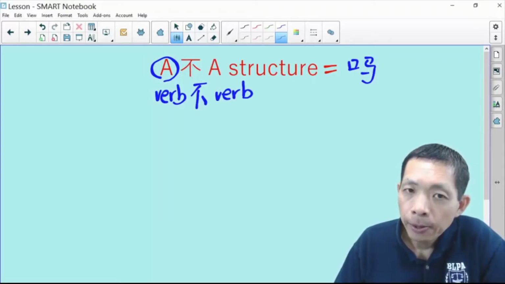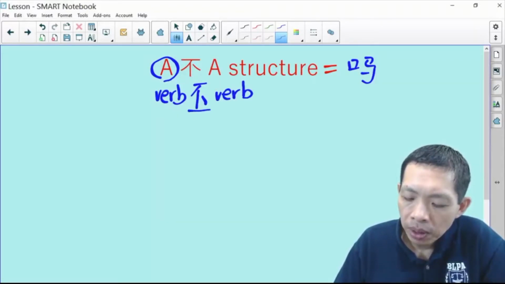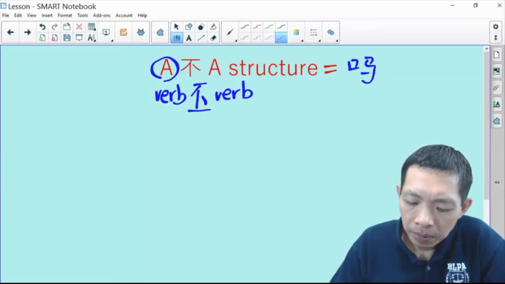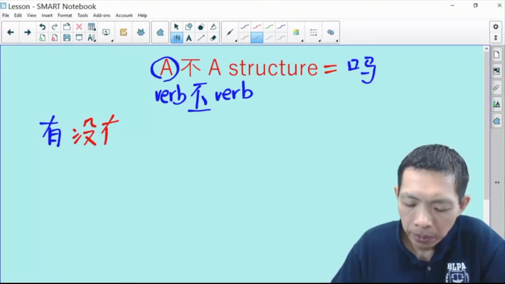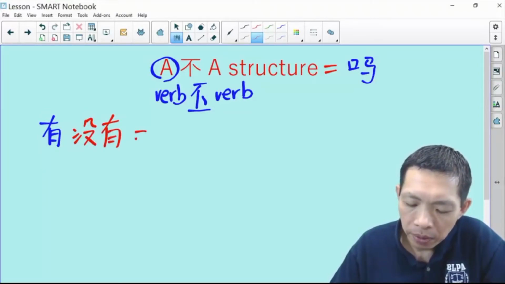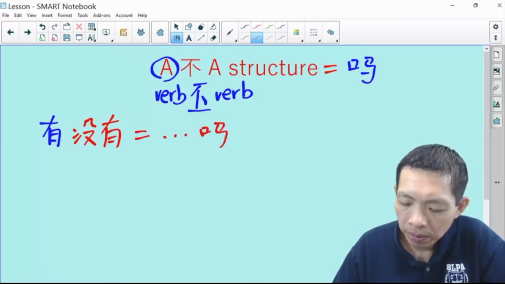Now the word not is actually negative. So for example, what's the negative verb of 有? It is actually 没有. So if you put 有没有, then it's actually equal to ma at the end.